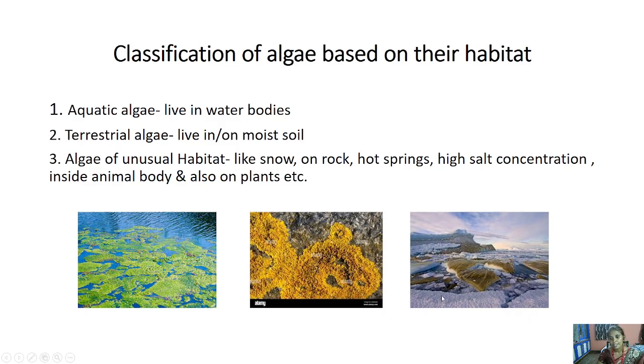Here we can see all three categories of algae based on their habitat. In this picture we can see the aquatic algae, this is the terrestrial algae, and this is the algae of unusual habitat, where we can see an algal mat on ice.